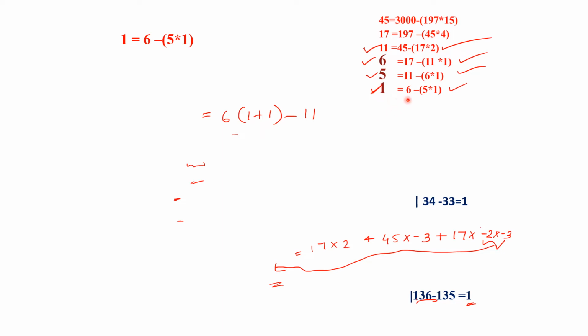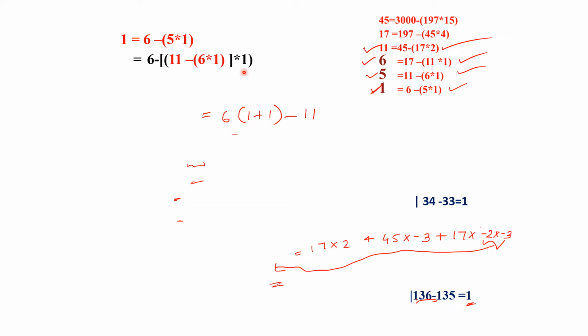Then, the next thing is we have to substitute the value for 5. We already have the equation 5 is equal to 11 minus 6 into 1. So instead of writing 5 here, we can substitute the expression for 5. So it will become 6 minus (11 minus 6 into 1) into 1.